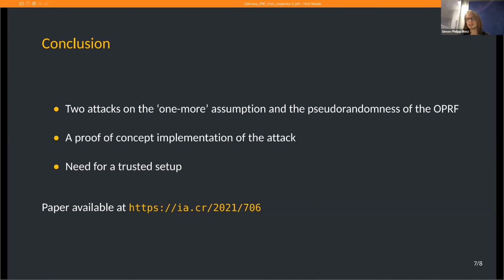And the CSIDH case required to know the class group structure, if I remember correctly. So depending on current discussions about CSIDH parameters, this might not be actually that practical to instantiate. Okay, thank you. Other questions?